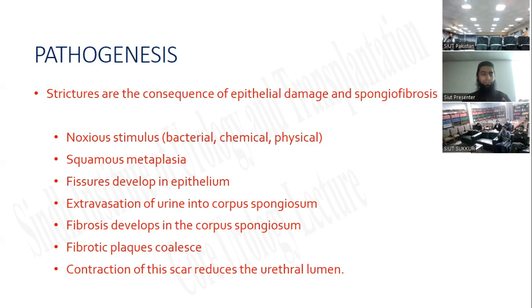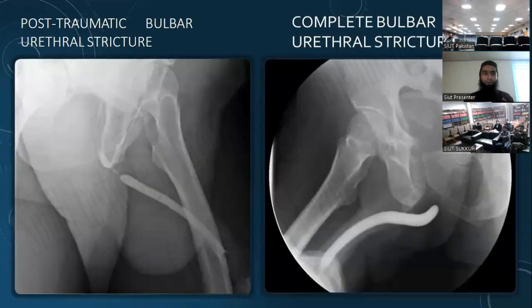The natural response of the human body is to heal, and it always heals with fibrosis, and that fibrosis leads to a stricture in the anterior urethra and stenosis in the posterior urethra and the female urethra.